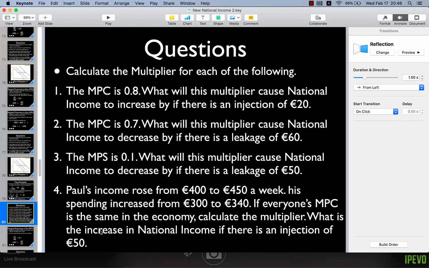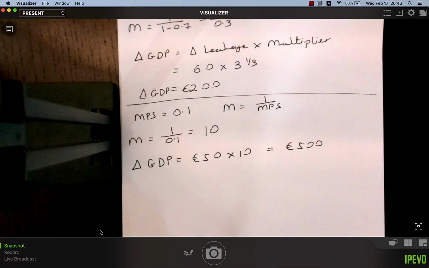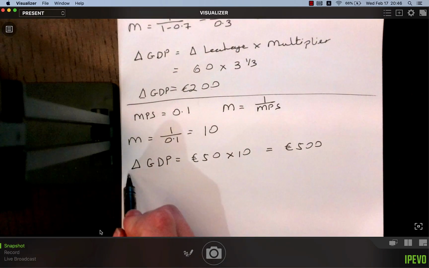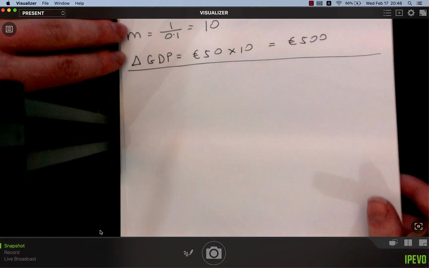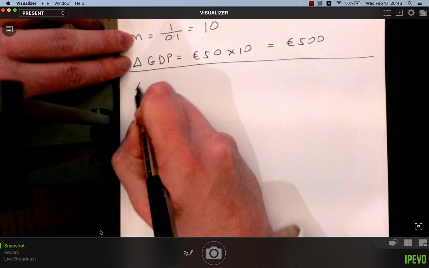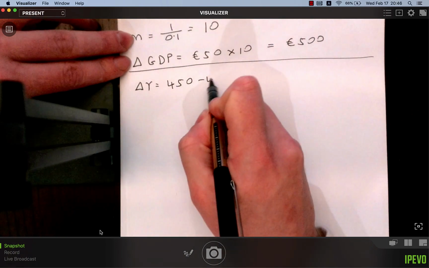Okay, so Paul's income rose from 400 to 450 a week. His spending increased from 300 to 340. Okay, so the first thing we need to find now, and again I'll put a line under this so we can keep this clear, is the change in income, which equals 450 minus 400, which equals 50.